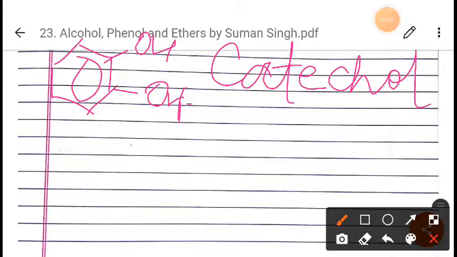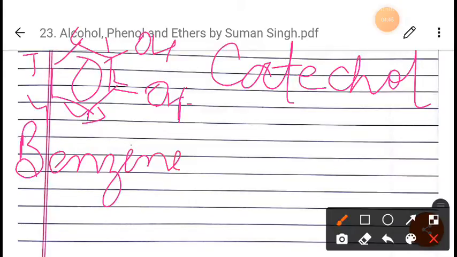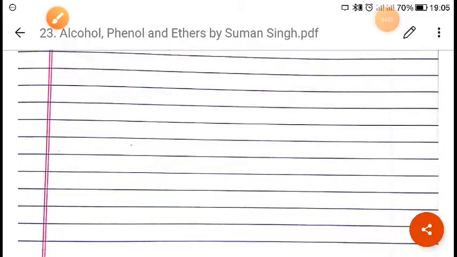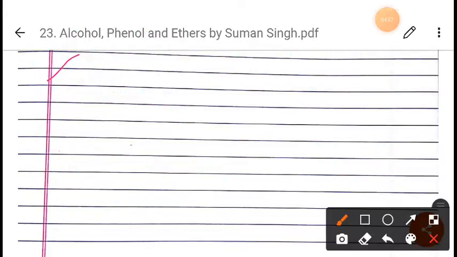And when we talk about the IUPAC name, numbering 1 2 3 4 5 6, the name will be benzene 1,2 diol, according to the new system, right?